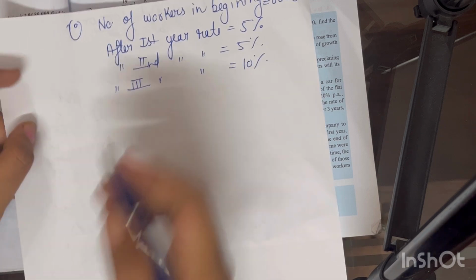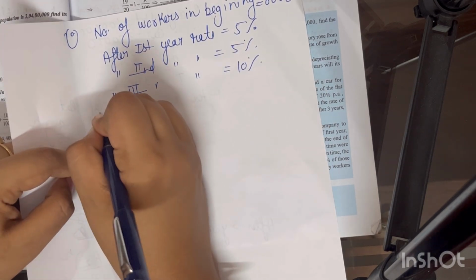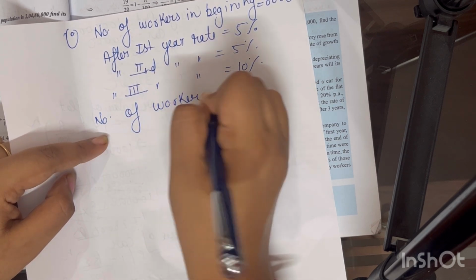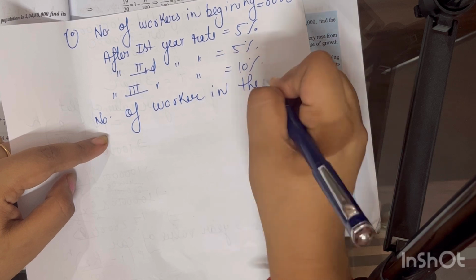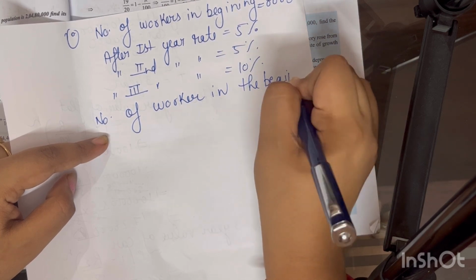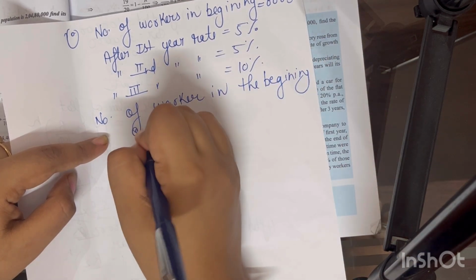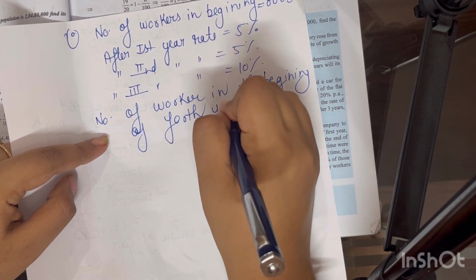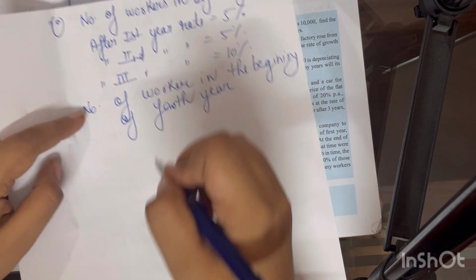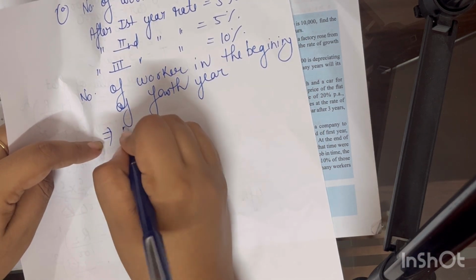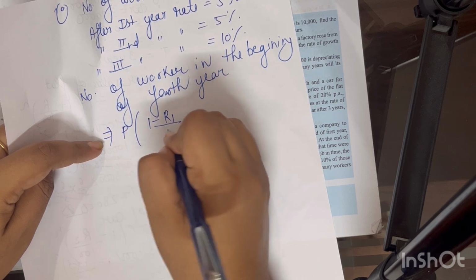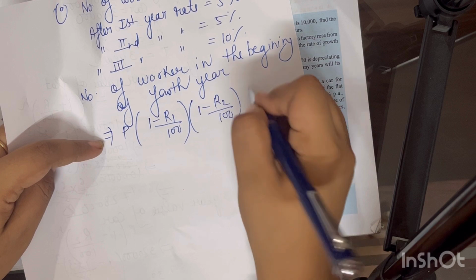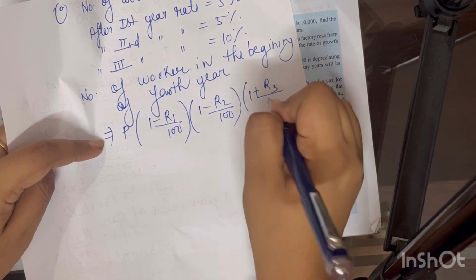So the number of workers in the beginning of fourth year is equal to P times (1 minus R1 by 100) times (1 minus R2 by 100) times (1 plus R3 by 100).